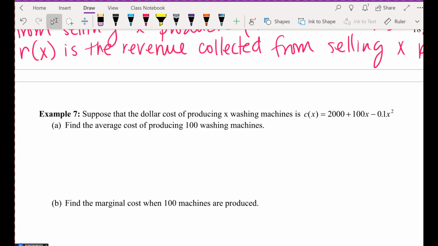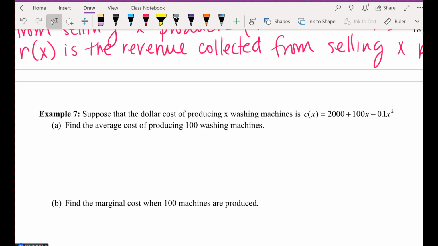Whether you produce 1,000 machines or produce 0 machines, it's there. So it's there because you still probably have to pay for the stuff, right? To eventually make for it. The tools, the factory, it's already there. Paying people, that's not doing anything. You have to pay them anyway. Right? So that's your fixed cost.